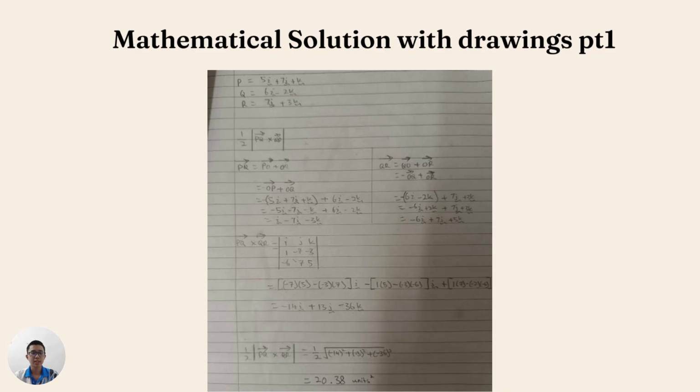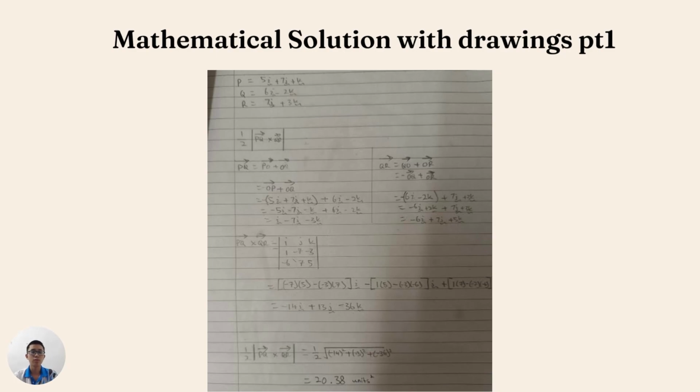So after making it negative, the result we have for vector PQ is i minus 7j minus 3k. Well, for vector QR it is also the same situation as for vector PQ. We already have vector OR.